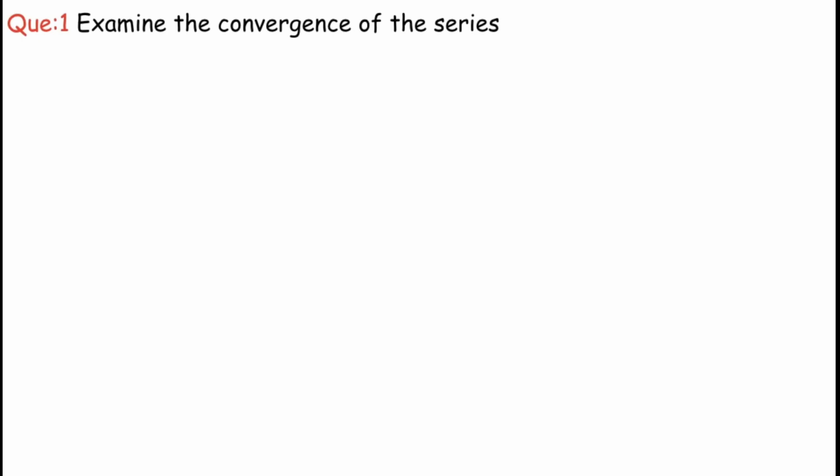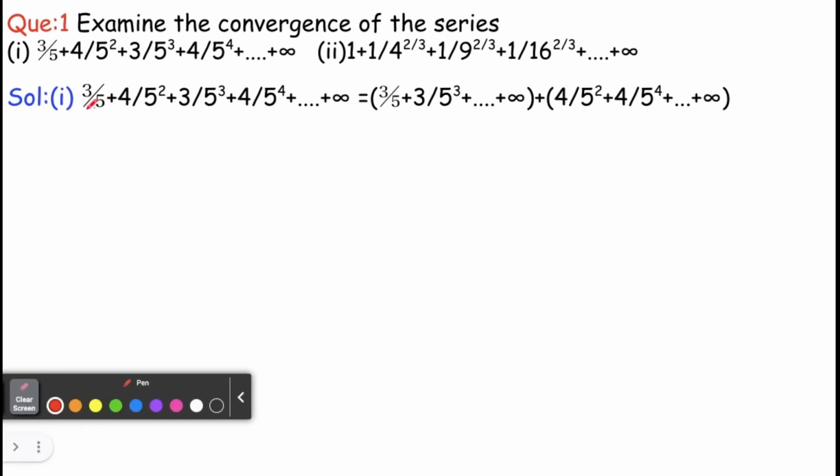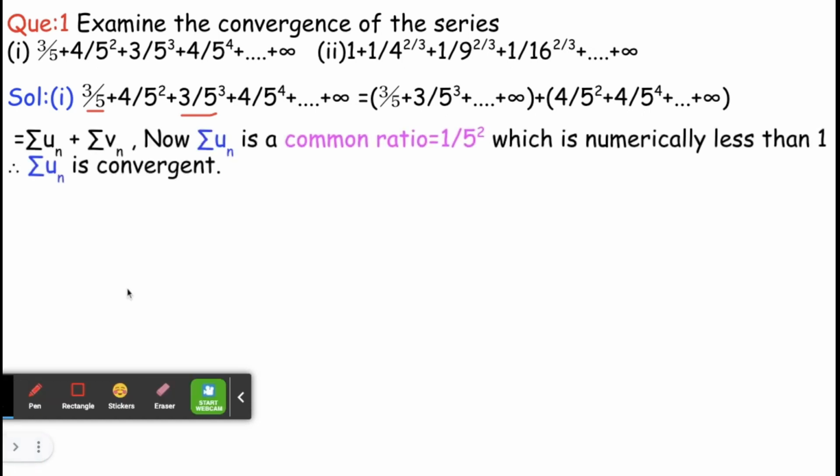Examine the convergence of the series 3 upon 5 plus 4 upon 5 squared, and so on. Now we separate these terms: 3 upon 5, 3 upon 5 cubed, and so on on one side, and 4 upon 5 squared plus 4 upon 5 to the fourth on the other, and take the common factor out.